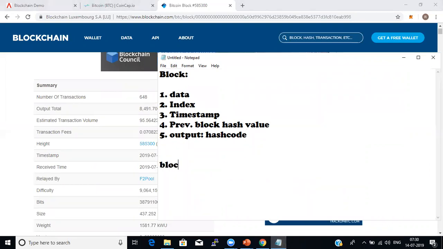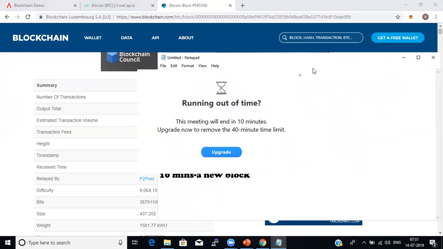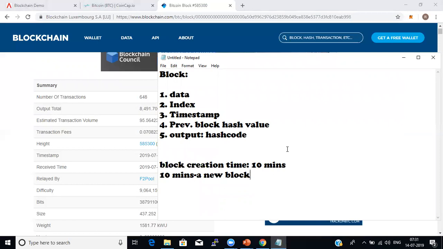The block creation time for each block is about 10 minutes. That means for every 10 minutes, a new block. So how many blocks per day? It is about 144 blocks a day.